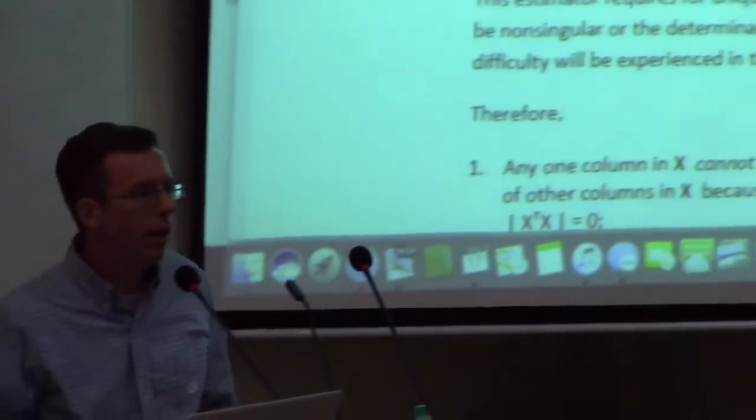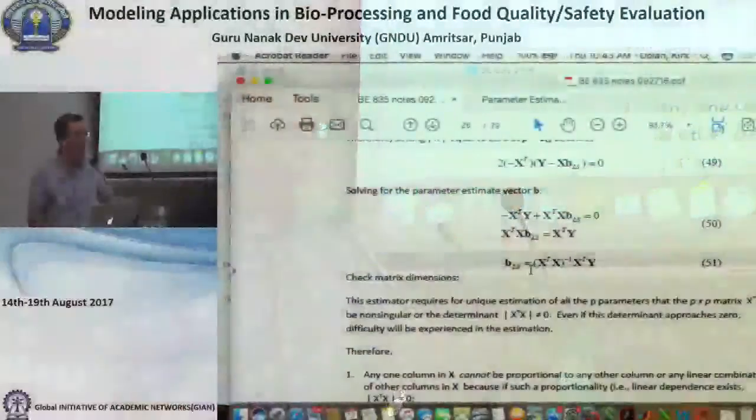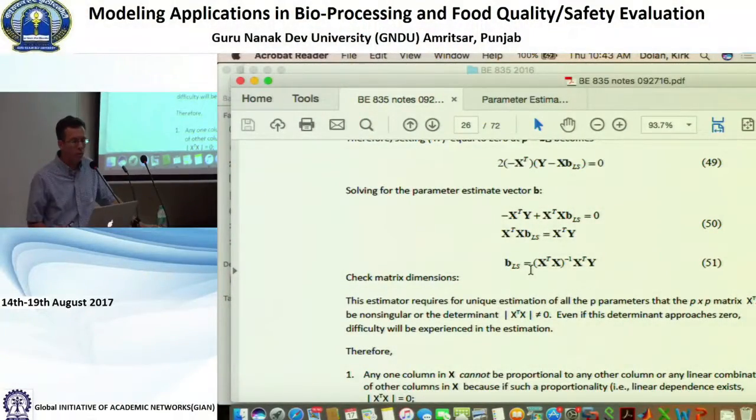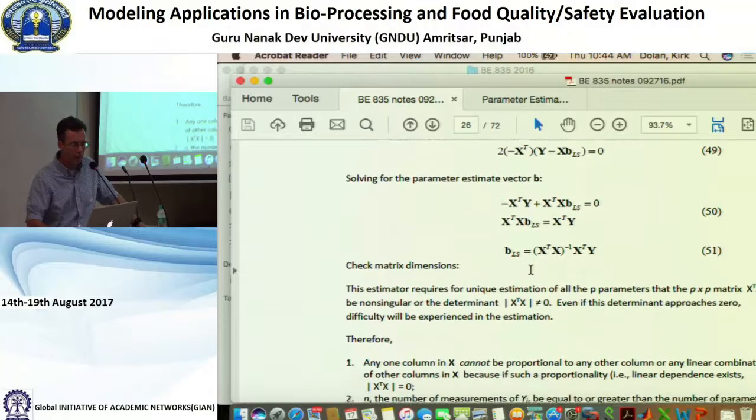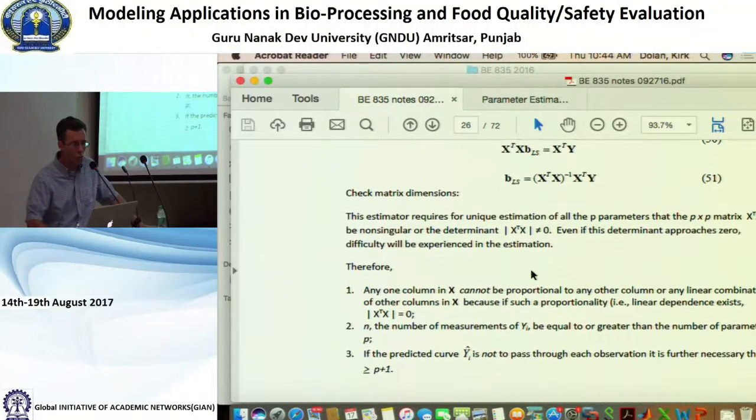This is inside the Excel and inside the MATLAB software. So it does the X transpose X, takes the inverse, multiplies by X transpose times y. That's the answer, and it gives you all your parameters. Okay? So that's how you set up your sensitivity matrix for a linear problem. All right? It's just a recipe. Very straightforward.